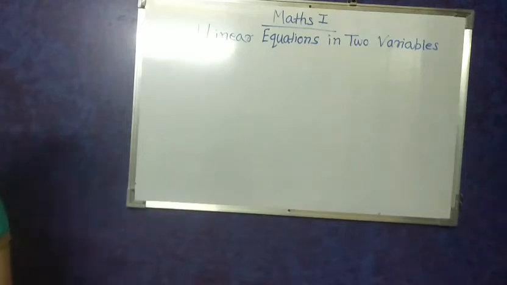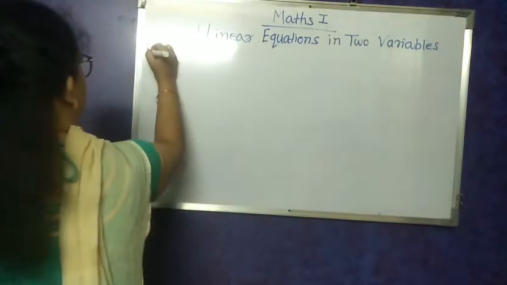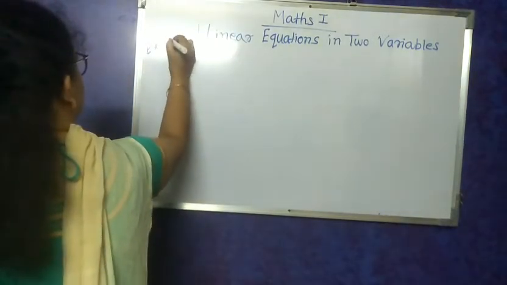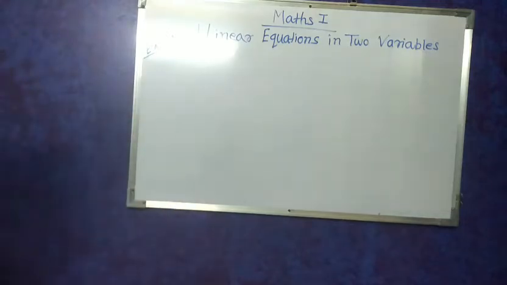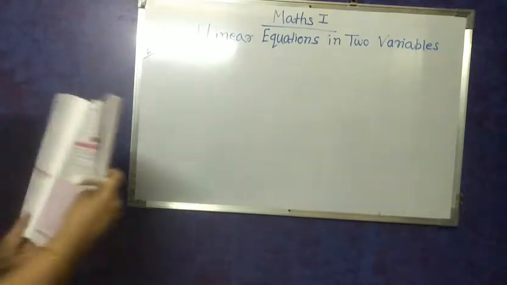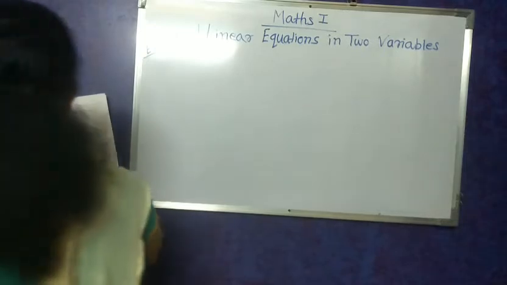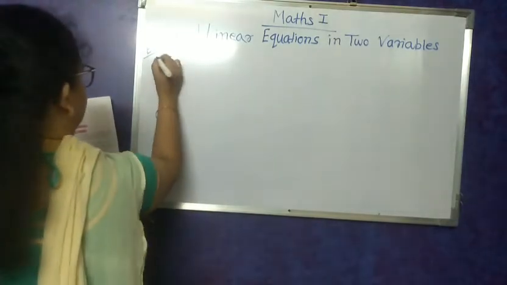So, simultaneous linear equations. On exercise 1.1, the first sum is an activity based sum. So what is the question? Complete the following activity.